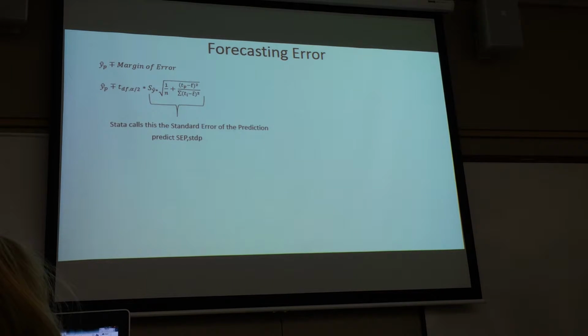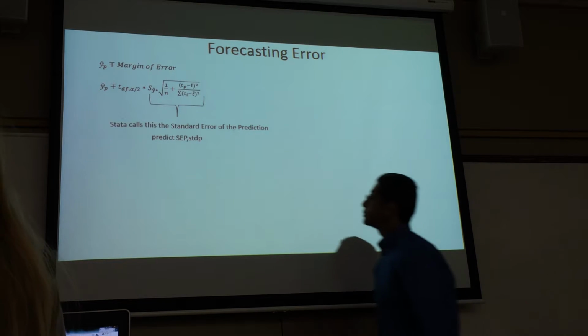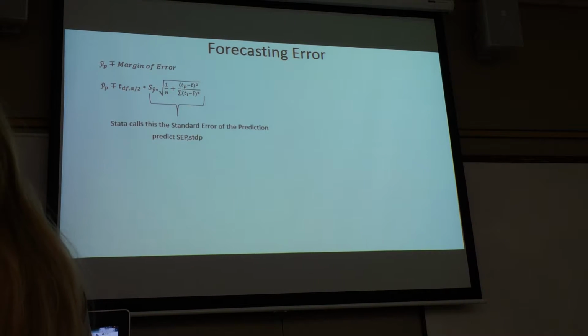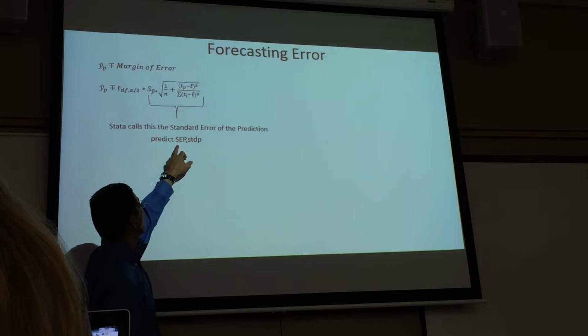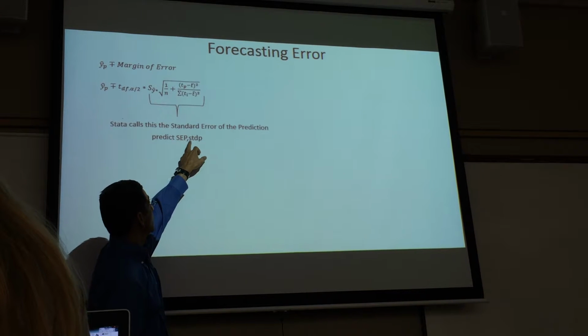But it turns out that Stata will generate this forecasting error, at least that part of the forecasting error, by using the command predict, and this is not a command, this is the name I'm giving it. But we need to use the option.